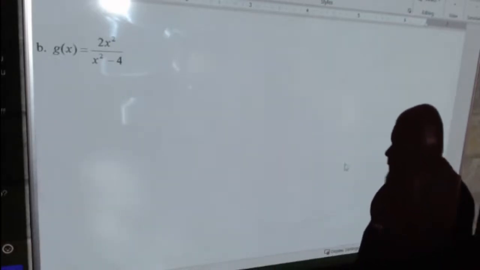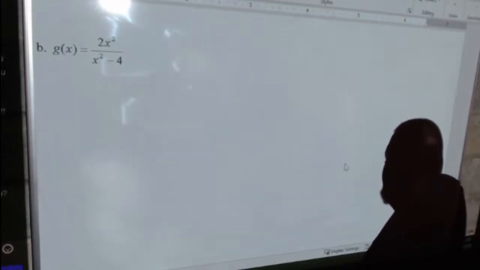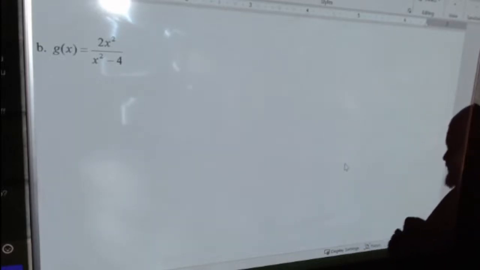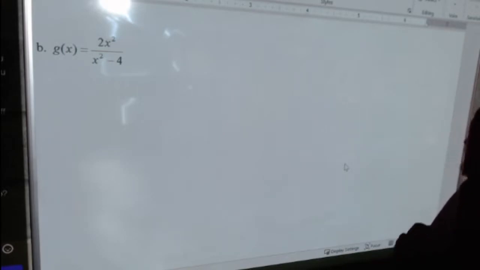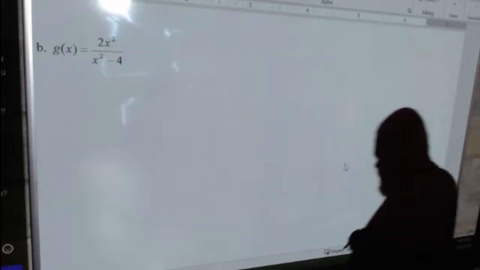Alright, so we've got 2x squared over x squared minus 4. And we want to graph that without a calculator. So we've got to go through all these steps.